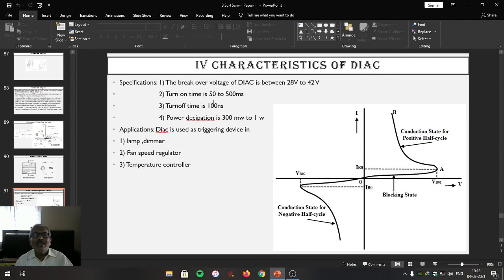It has a turn on time of 100 nanosecond. It has a power dissipation of 300 milliwatt to 1 watt. So all these specifications are provided by the diac manufacturer, which will be helpful for the circuit designer using the diac.